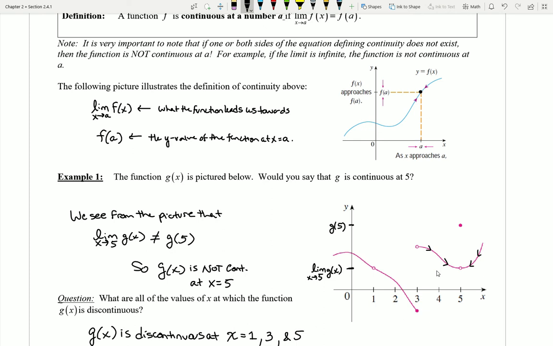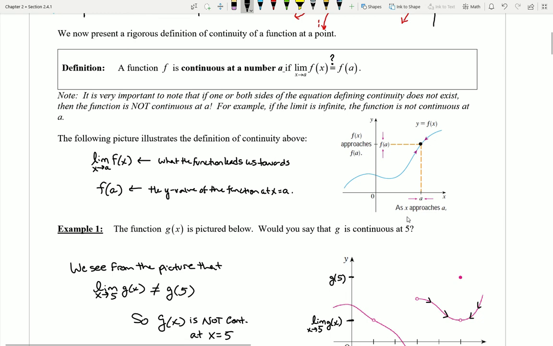And if I ever see disconnected pieces in a picture, like empty spaces or gaps or jumps, then I know that my graph would be discontinuous. But if I ever wanted to show rigorously that a function was continuous or discontinuous at a point, I have to double check the limit and the y value at the x value in question.